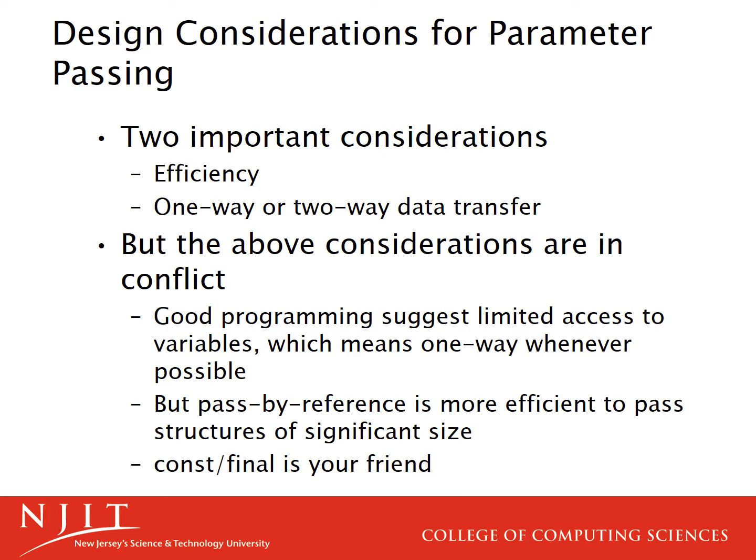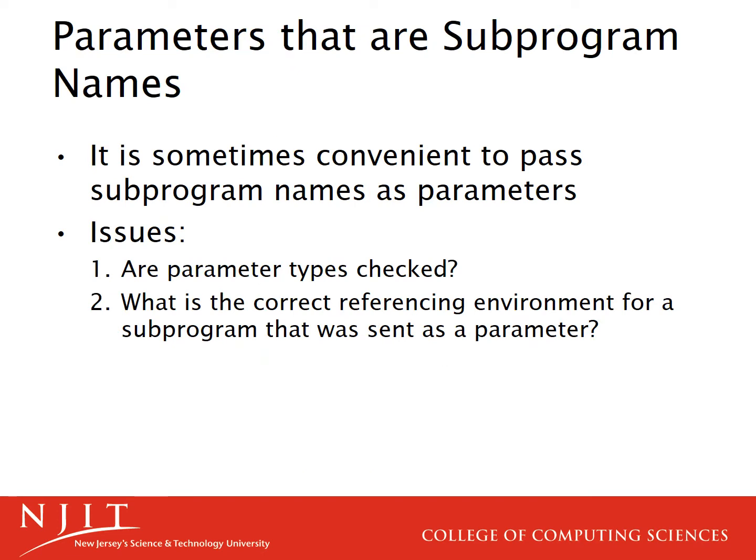Now, so far we've really only talked about the basic things: ints and floats and chars, and we've talked about classes and references to classes. And so you can have pointers to basic types, pointers to classes, and references to basic types and references to classes. And what about subprograms themselves? Is it useful to pass pointers to functions around?